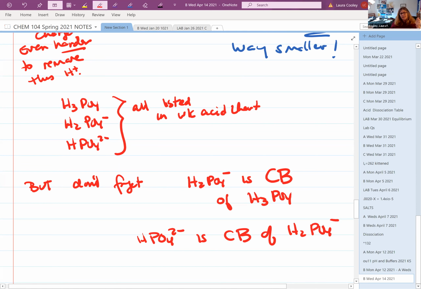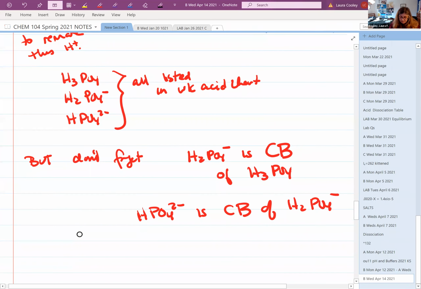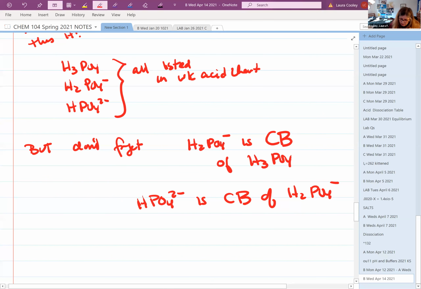And you know that sometimes things behave as acids or bases according to the company they keep. But how would they behave with water? So you have to really ask yourself the question: H2PO4 minus is a weak acid on the weak acid chart, but it's also the conjugate base of H3PO4.